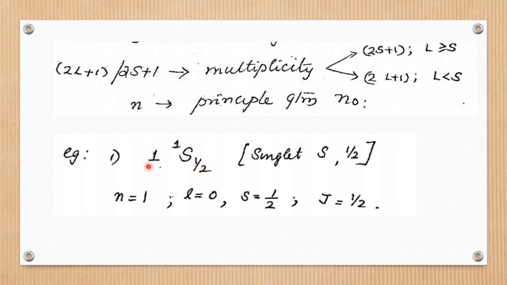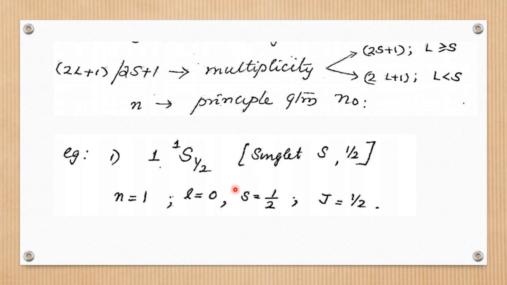That means the principal quantum number n is 1. This represents the value of L, that is, L is 0. Now S is equal to half. Since L is less than S, there will be 2L plus 1 values. Okay.